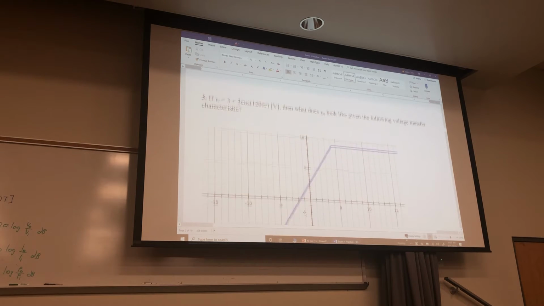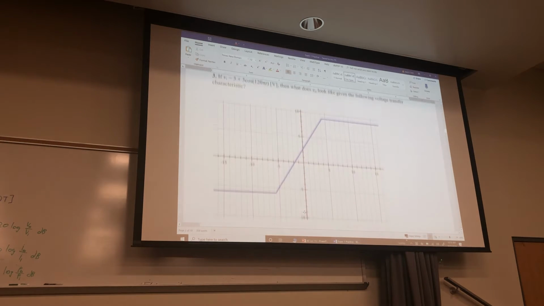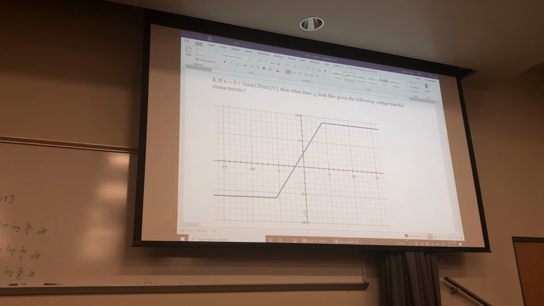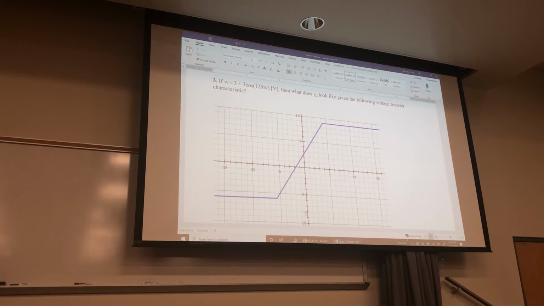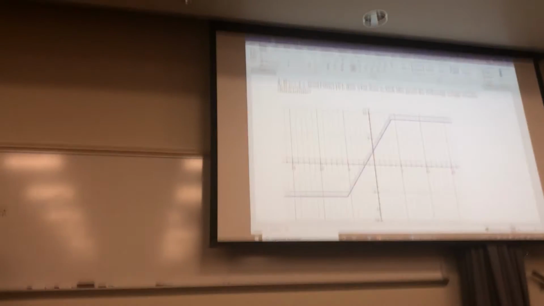Okay, so what about question number 3? This has to do with looking at the voltage transfer characteristic. Yeah, sure. So on this problem right here, where's my little pointer?